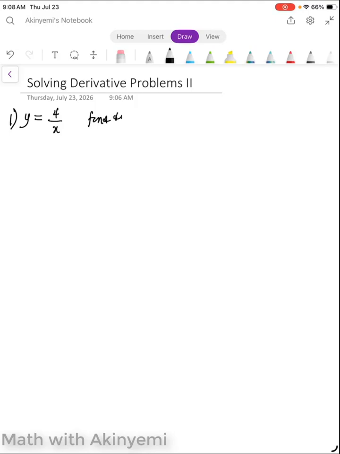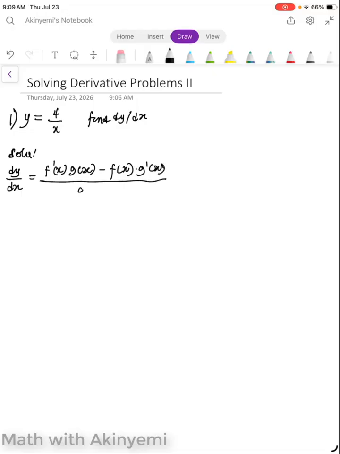Find dy over dx. So for this one, the solution: dy over dx equals, don't forget the formula, f'(x) multiplied by g(x) minus f(x) multiplied by g'(x), all over g(x) squared.